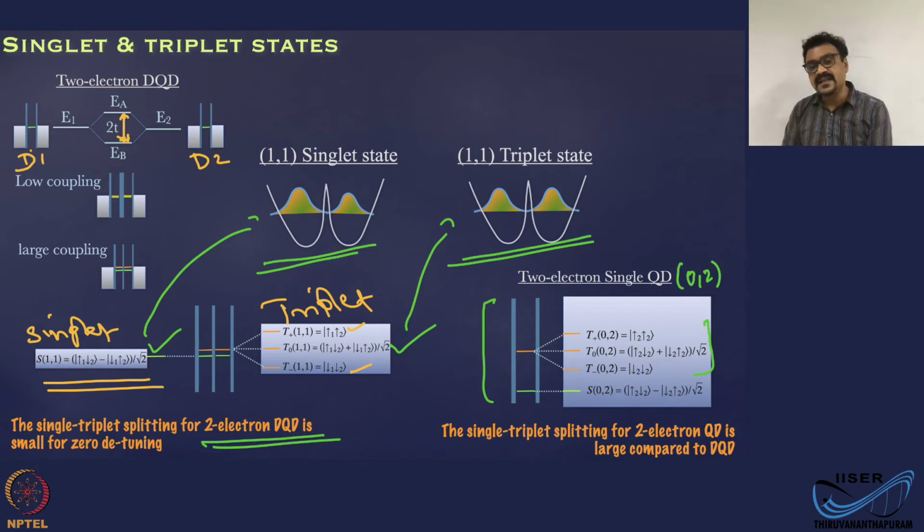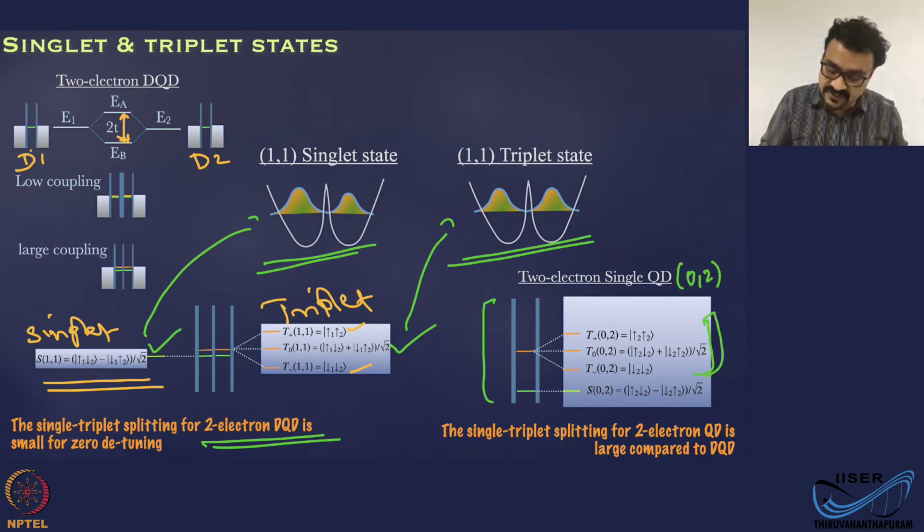But in this case, remember, they are in the same dot. So these are different orbitals. Singlet and triplet are different orbitals. So the singlet triplet splitting is really high. That is equal to the orbital energy. And in the absence of any magnetic field, when the spin states are degenerate, these 3 states will have the same energy.